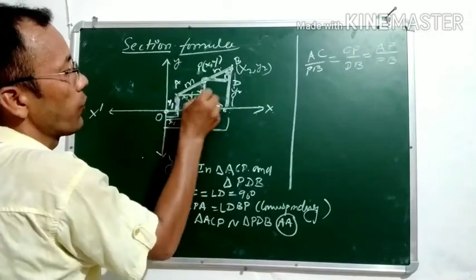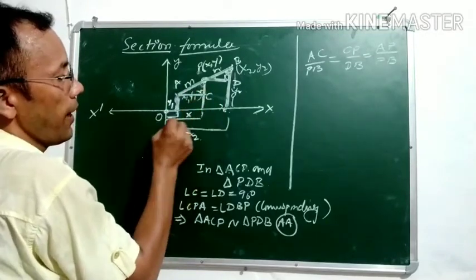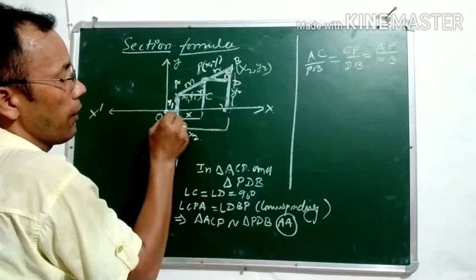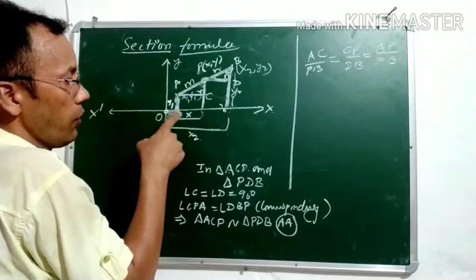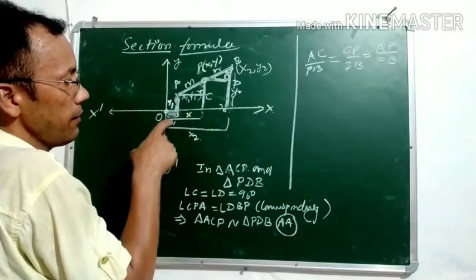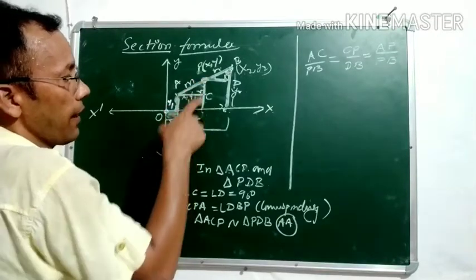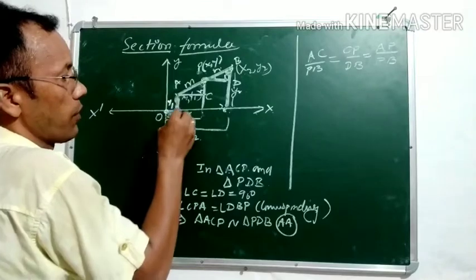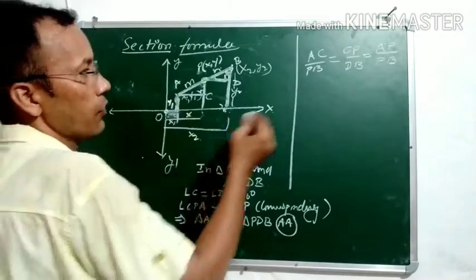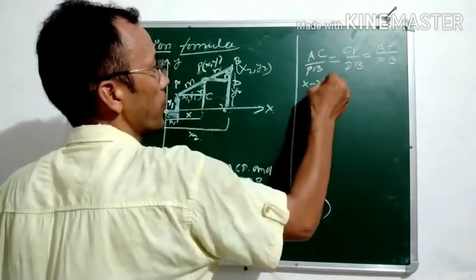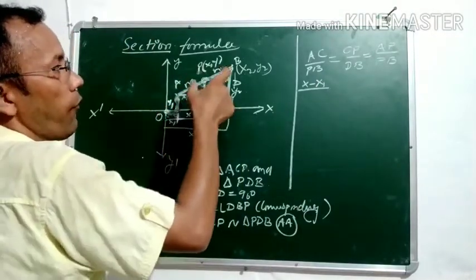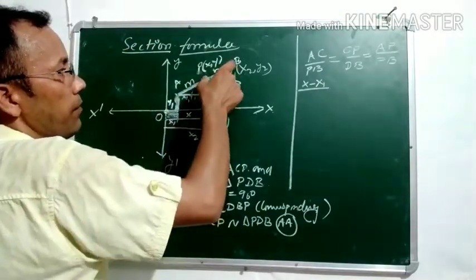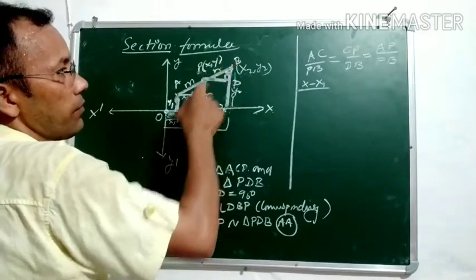If this is eliminated from this line segment, we have x minus x1. And what is PB? Where is PB?